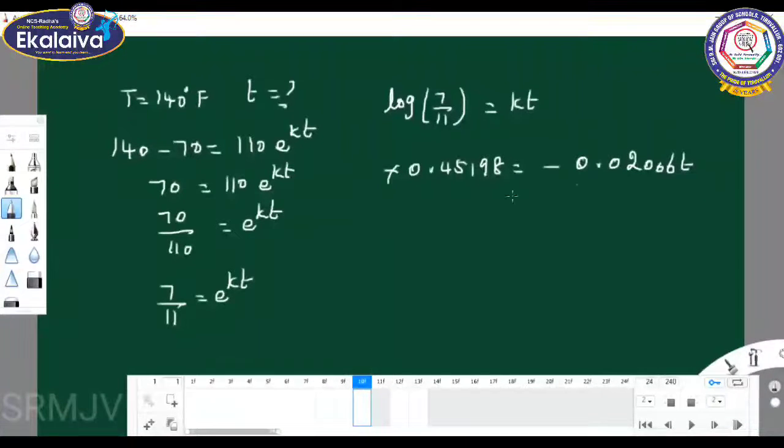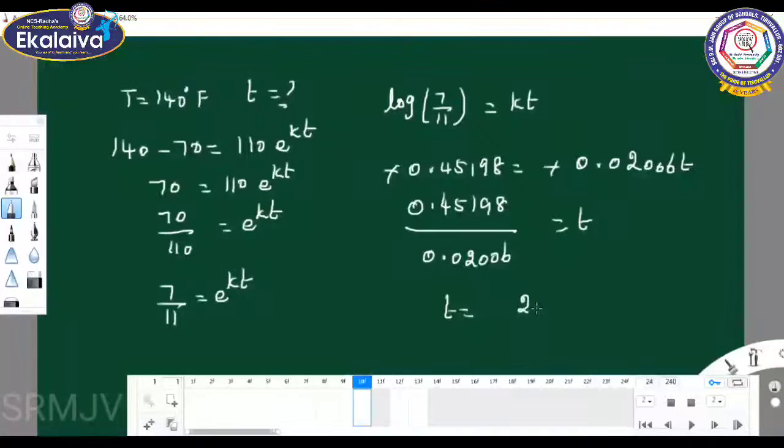Minus minus gets cancelled. 0.45198 by 0.02006 equal to t. So t equal to 22.53 minutes. You can do the calculation part.